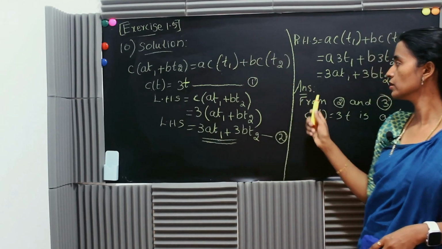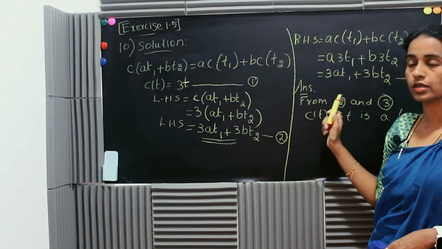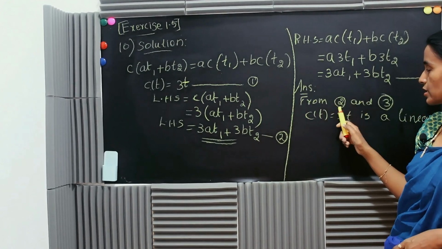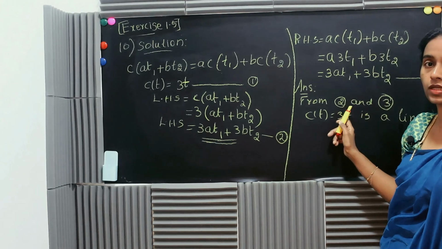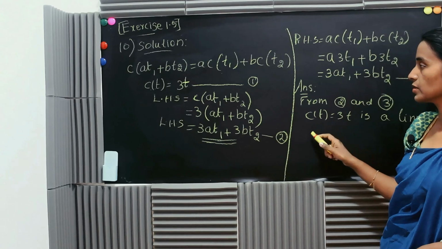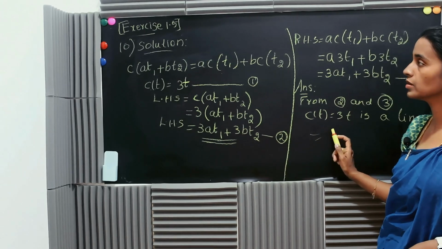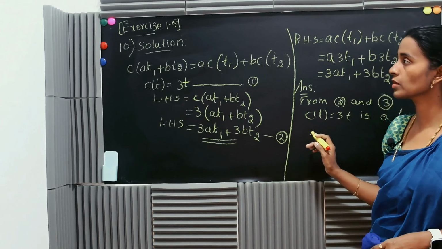We'll be getting the answer is same. So we can write the answer, from 2 and 3, C of t equal 3t is linear. This is very simple. Just understand the concept and try to do.